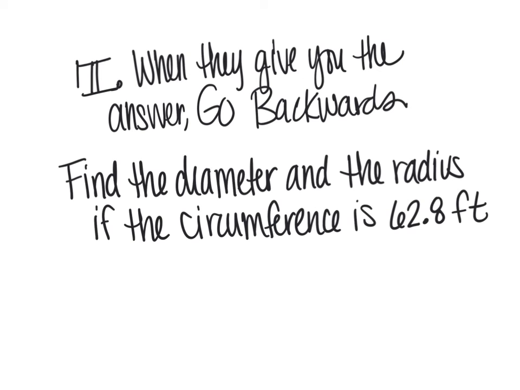Okay, so on these problems, and this is really when we start getting into the test prep questions and the word problems, they're going to tell you to find the diameter and the radius if the circumference of the circle is 62.8. Now, we see the word circumference, so we automatically know we're going to be using that formula.